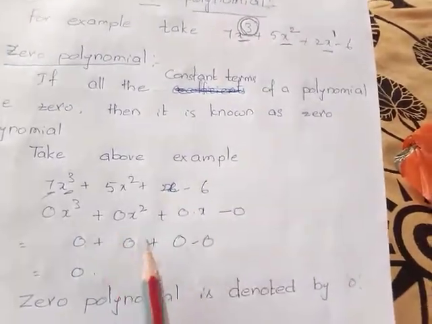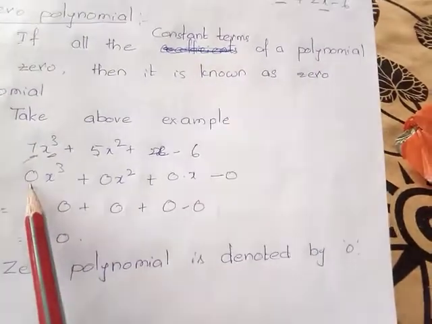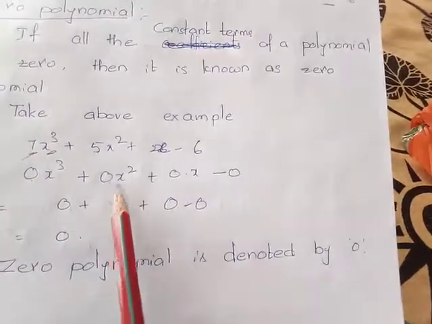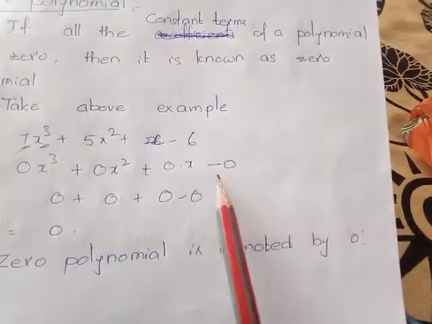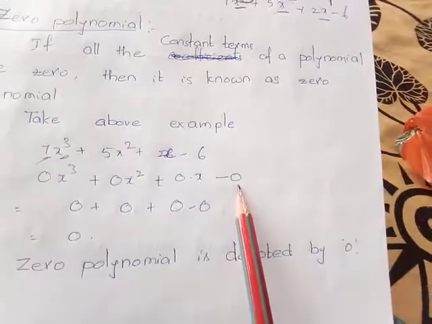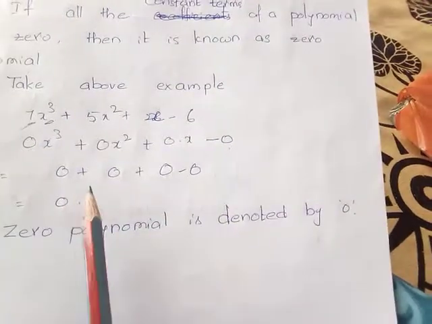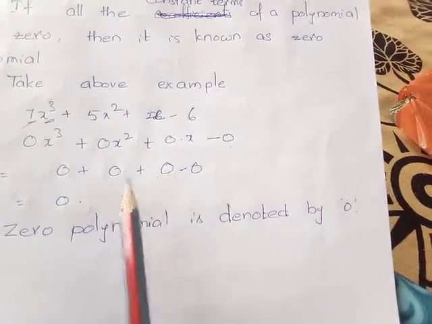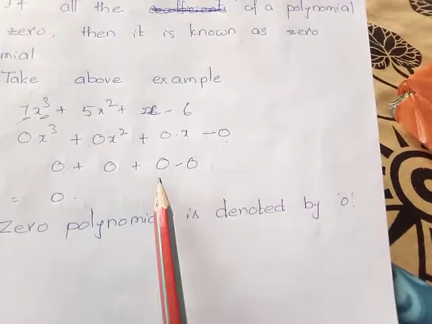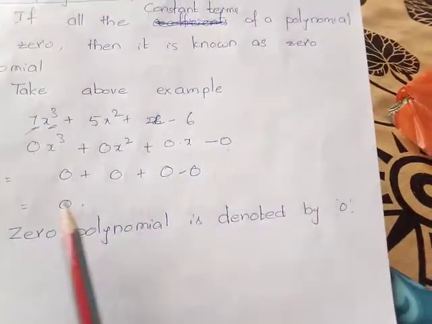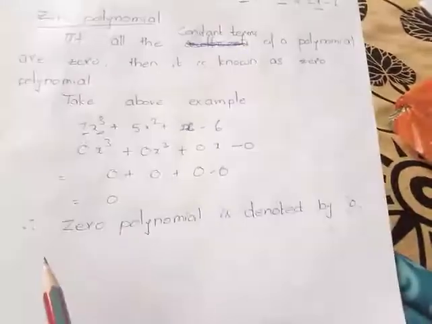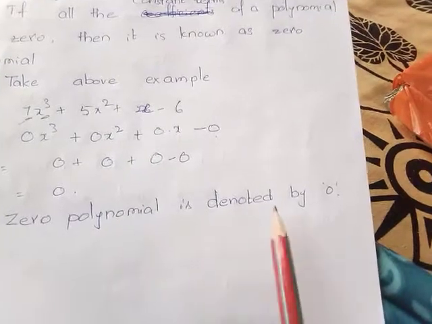So if these become 0, that is 0 into x cube plus 0 into x square plus 0 into x minus 0, you are making all the constant terms 0. Then 0 into x cube is 0, plus 0 into x square is 0, plus 0 into x is 0, minus 0. So totally it is 0. So the zero polynomial is denoted by 0.